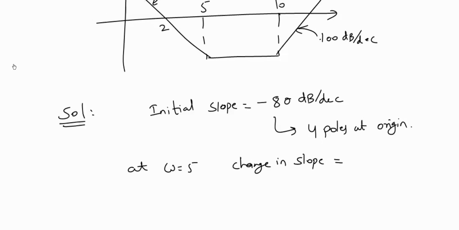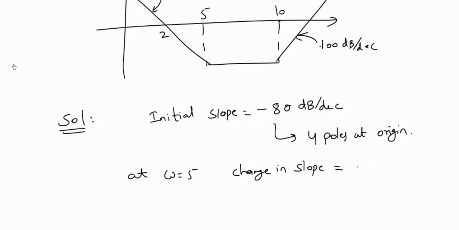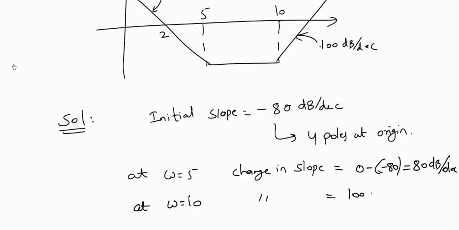It's 0 minus of minus 80, so it's plus 80 dB per decade. Then at omega equal to 10, change in slope is equal to 100 dB per decade.